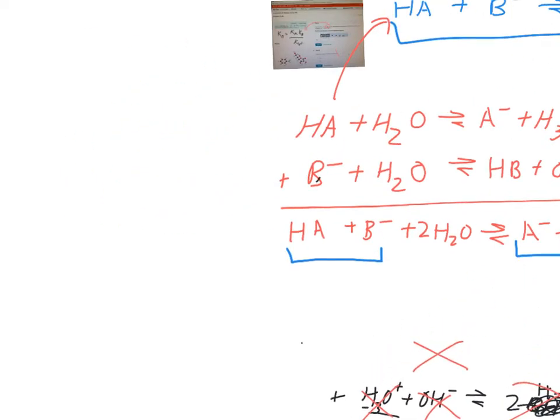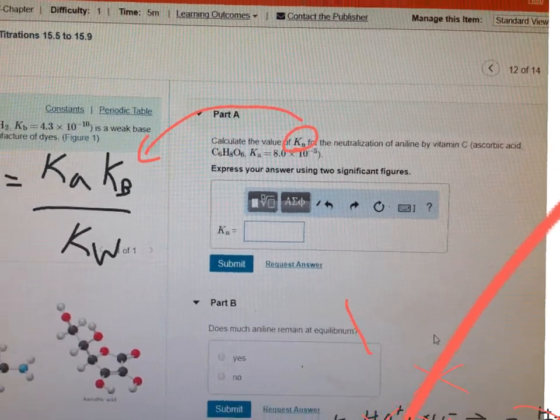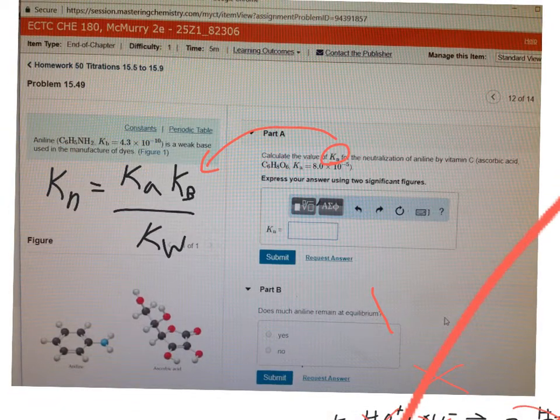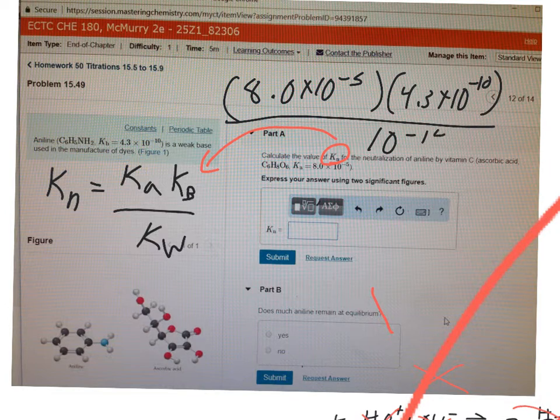So if we go back to our specific problem, which is what you were really asking about anyway, we have a Ka of 8.0 times 10 to the negative 5th. We have a Kb of 4.3 times 10 to the negative 10th. And you've memorized that Kw is 10 to the negative 14th.